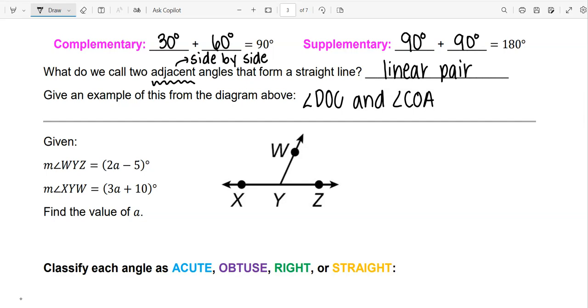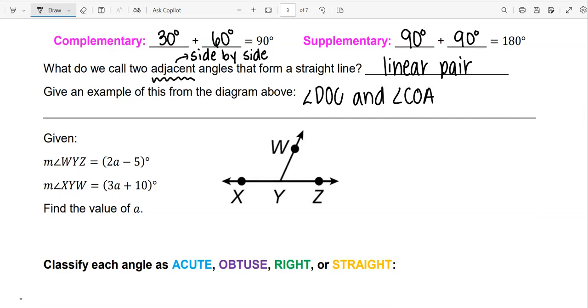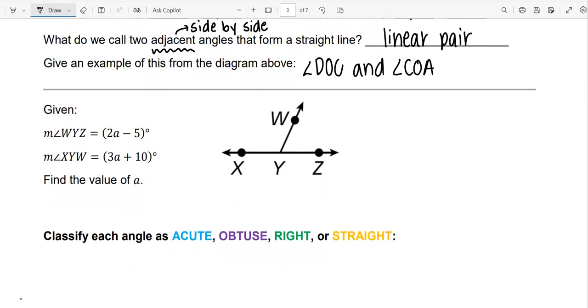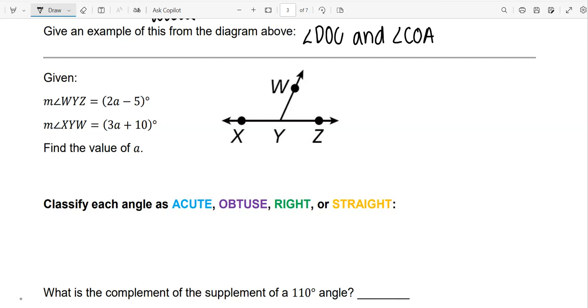All right. The next problem says given, so they're giving you a couple of details, okay? It says M in front of the angle mark. This means the measure of angle WYZ. That's what that says.